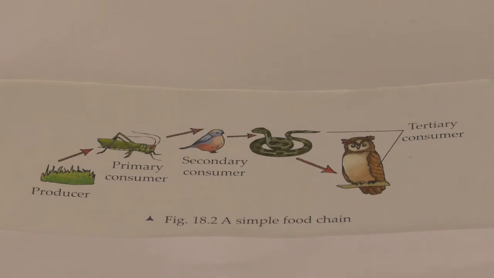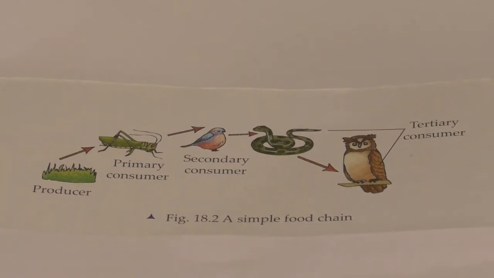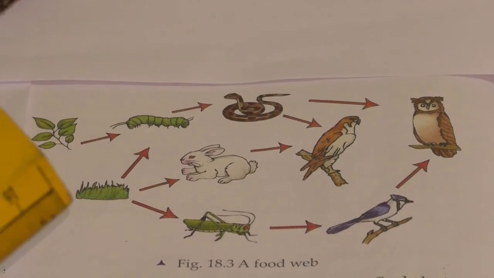The decomposed matter will mix with the soil and be transformed into nutrients which will be there in the soil. In this way, the decomposers help in recycling of nutrients in nature. Clear children? Yes.